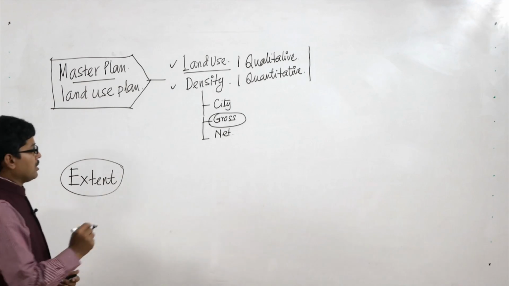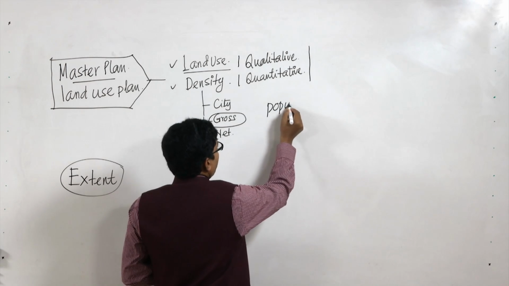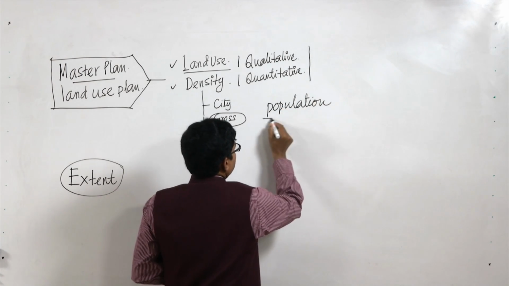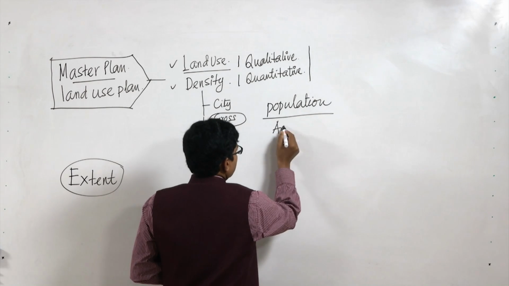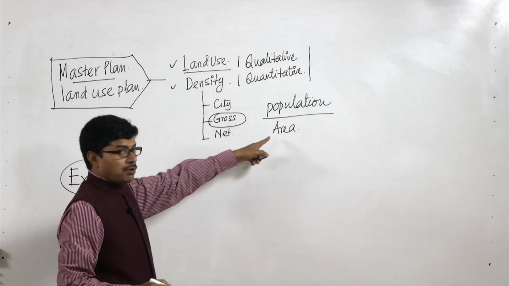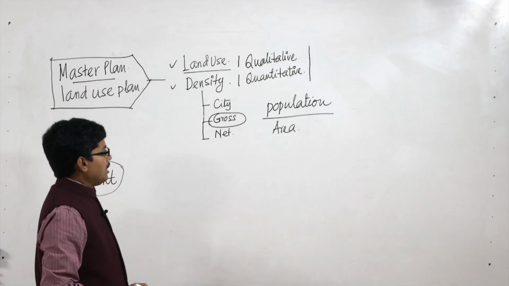We define density as population divided by area. When you take the gross density, we take the gross land use area; when we take the net density, we take the net land use area.